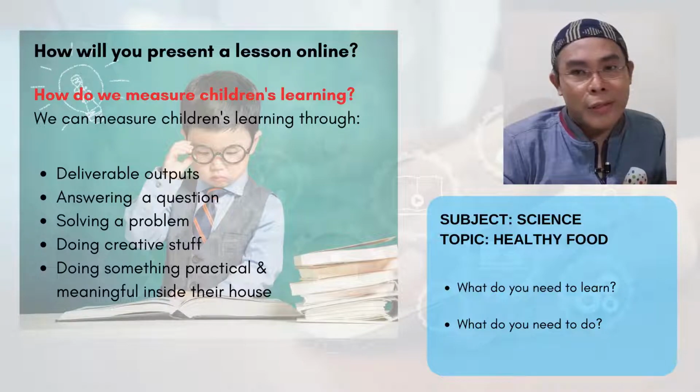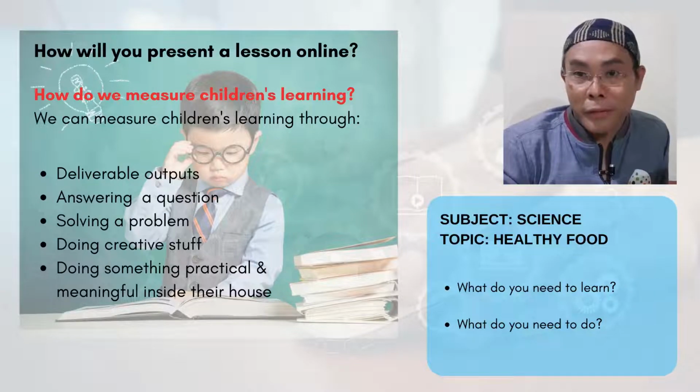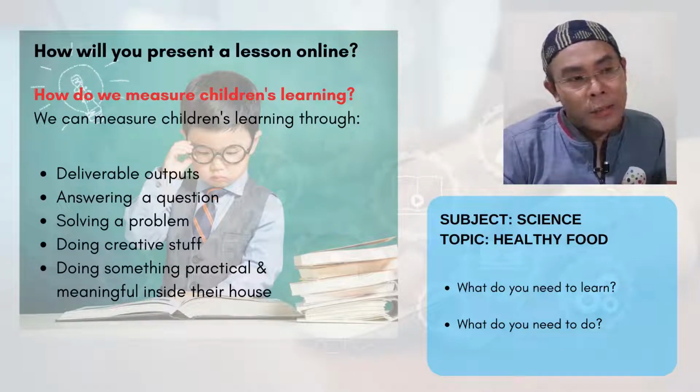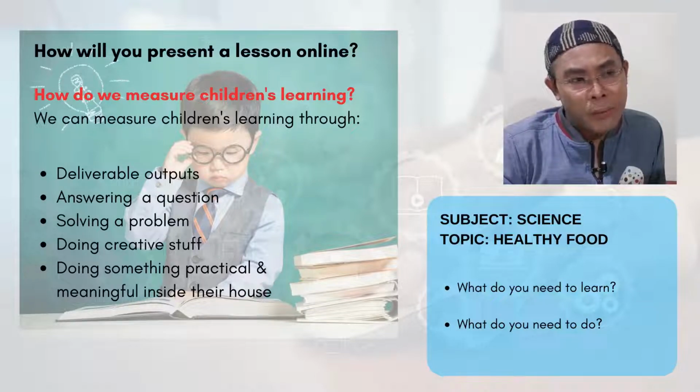The first is the deliverable output, just something that they can deliver after the end of the lesson that they can submit to you. And the next one is answering a specific, simple question. And the third one is solving a problem.